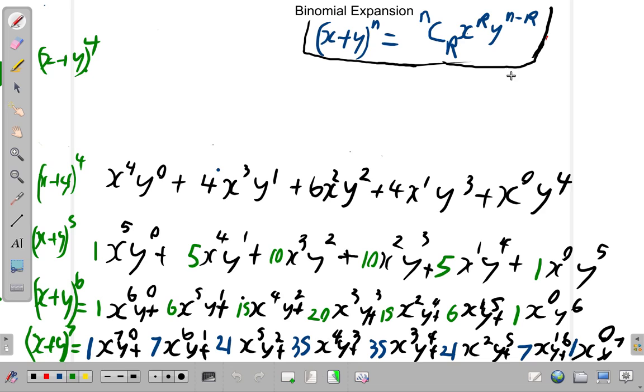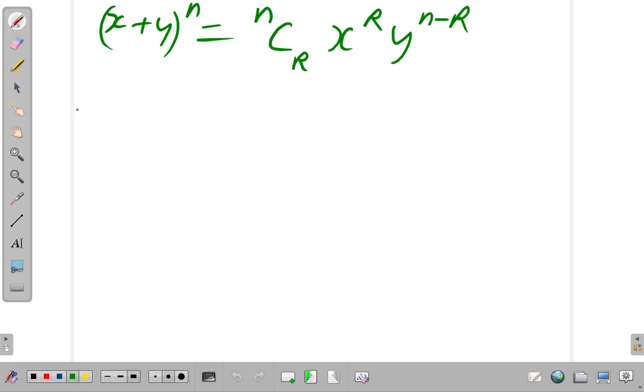And we have x plus y to the power of 4. We're going to expand this, and then we check back on the other page to see if we have everything correct.